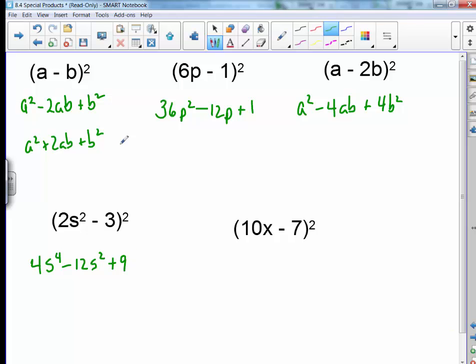Okay, and then this one we go 10x, square the first term, gives us 100x squared. Then we go 2 times 7 is 14, times 10 is 140x, and then plus, because we square this negative 7, and we get 49.